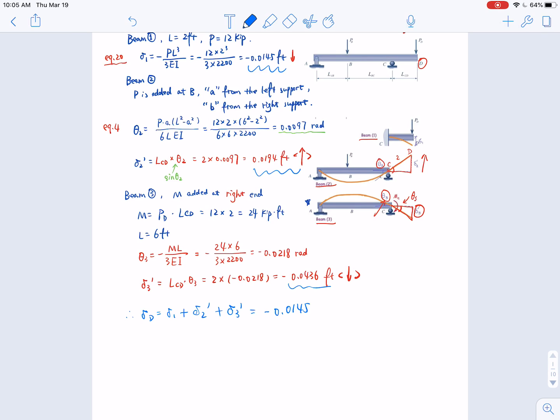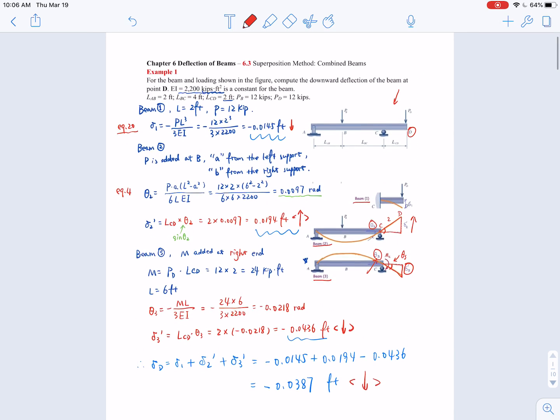Second component is positive. It's an upward deflection, right? 0.0194. And the third component is a negative value again, negative 0.0436. Then the final deflection value is negative 0.0387 feet. Okay. So this negative sign is telling you that this is a downward deflection. Okay. This is the first example.